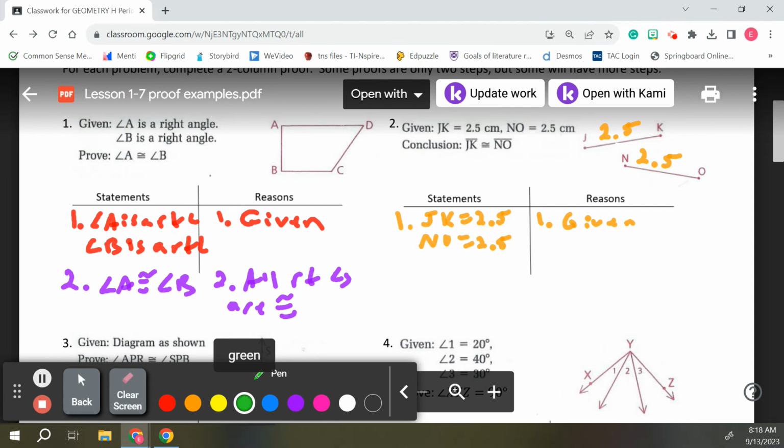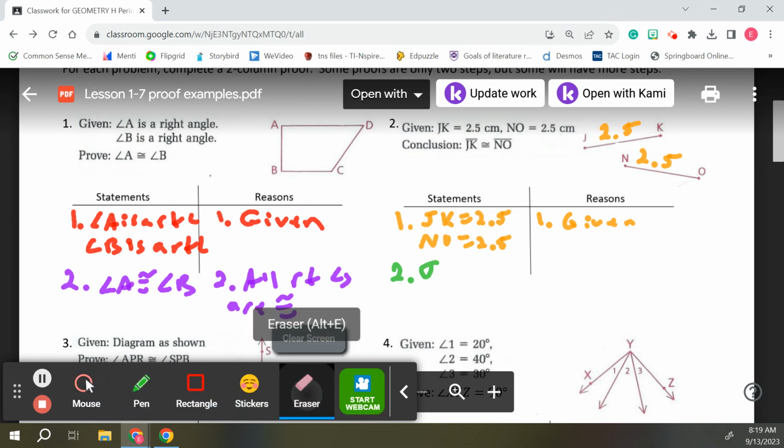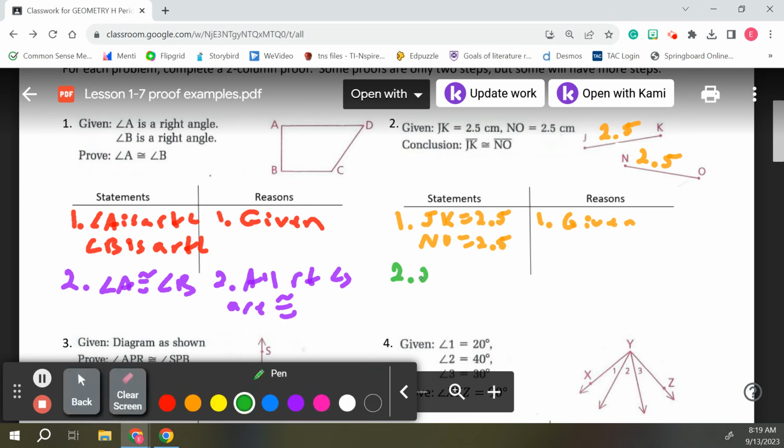Do we know that they are already congruent or not? Yeah, how? They're the same length. So we would just go straight into it. JK is congruent to NO. And all you have to put here is the definition of congruent segments.